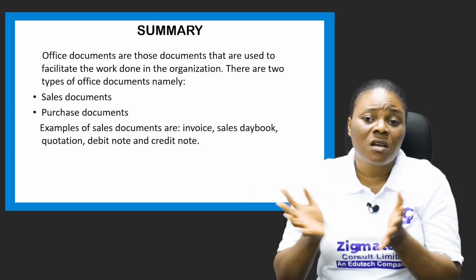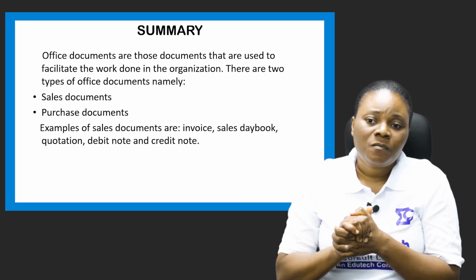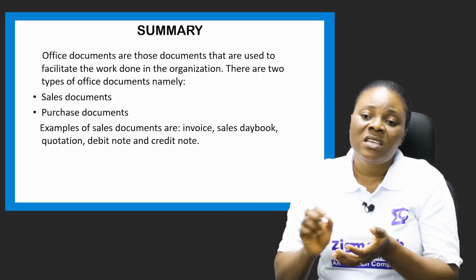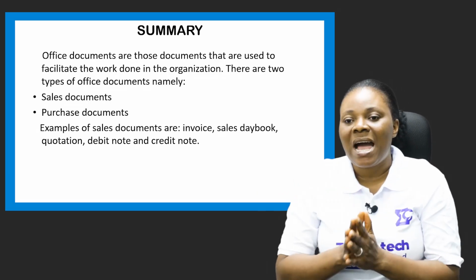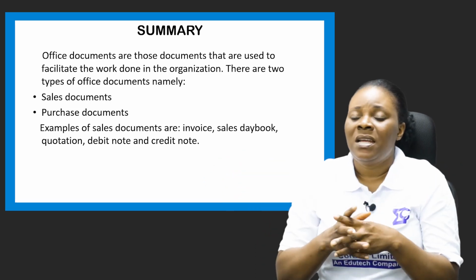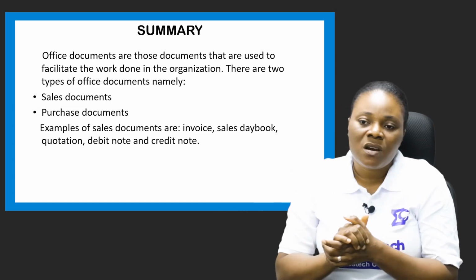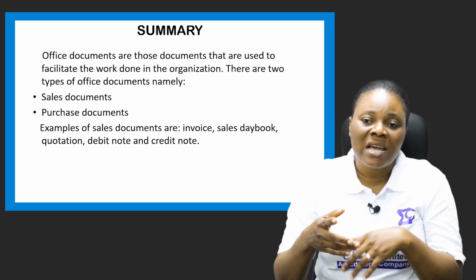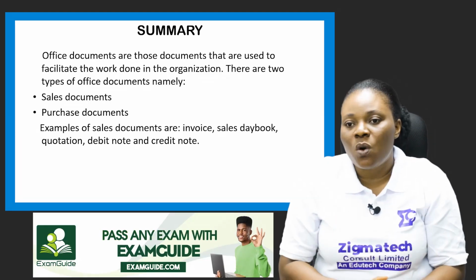And we looked at various source documents in today's class, starting with the invoice as a document prepared by the seller to the buyer, used in giving a comprehensive summary of what the seller has sold to a buyer. We also looked at the various items that can be found on an invoice, like the date, the name of the buyer and seller, the unit price, the description of the item, quantity, total price, and so on.